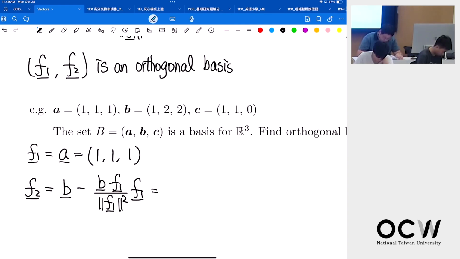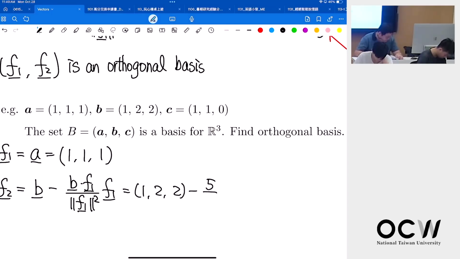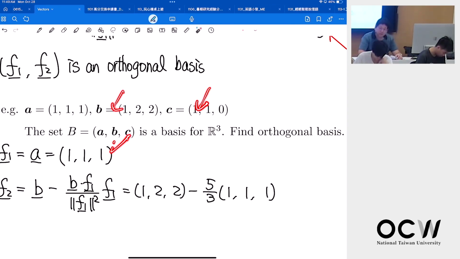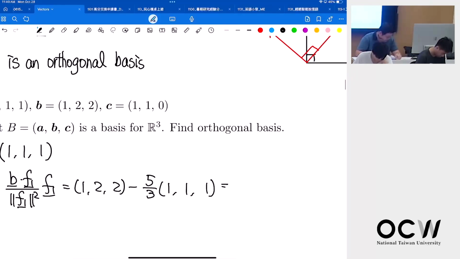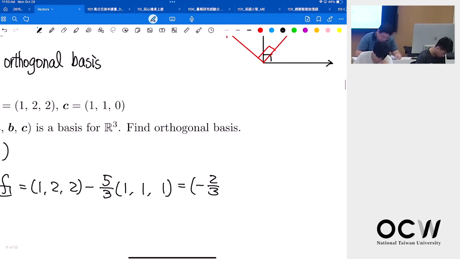So you have (1, 2, 2) minus 5 over 3. At home, you can also try getting B or C as our base first, and try to find the rest too. Then you should get (-2/3, 1/3, 1/3).